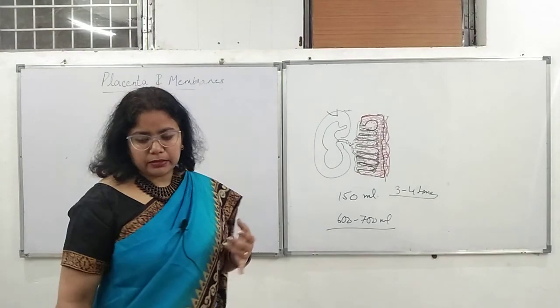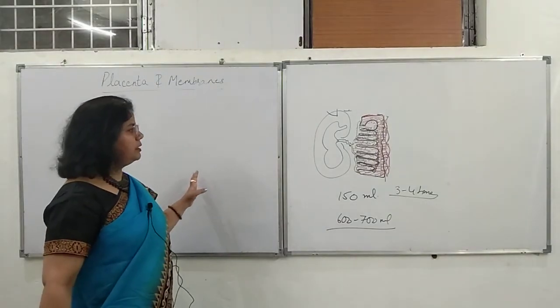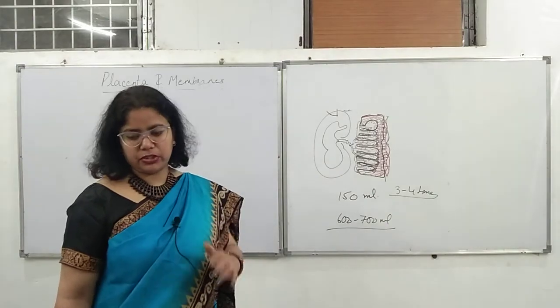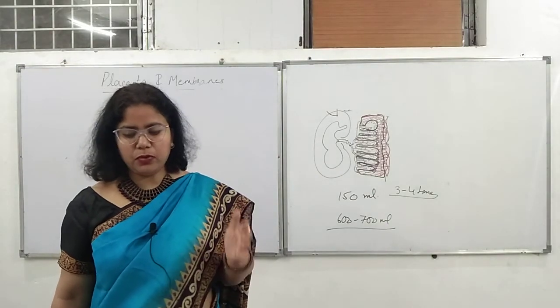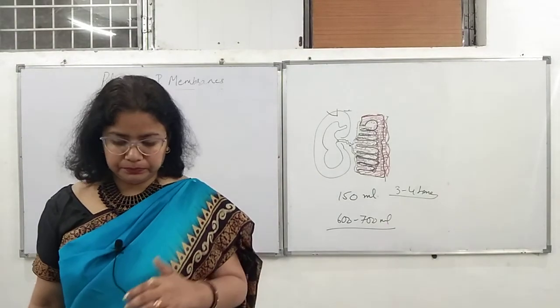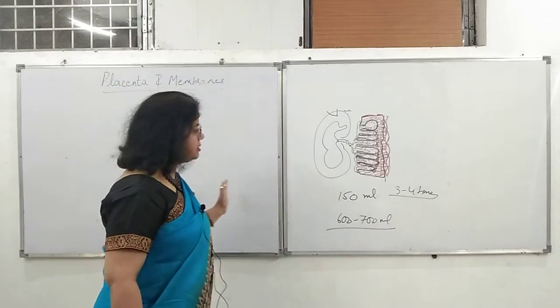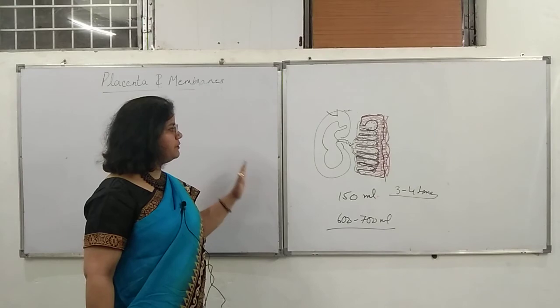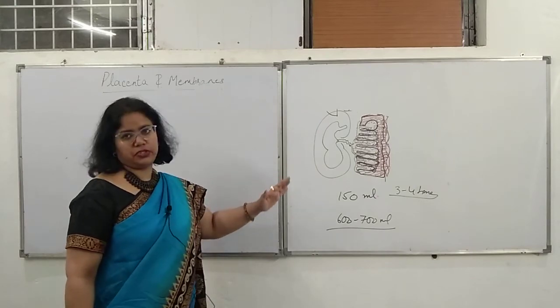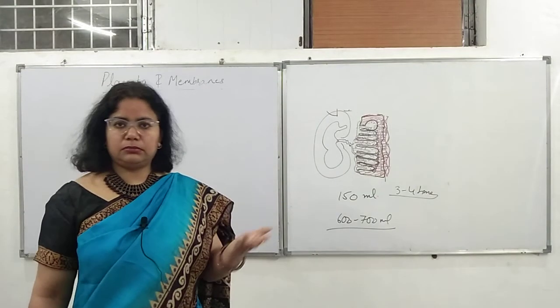There is also a shift of the maternal immune system from T helper, cell mediated, to humoral immunity. So these are some things which prevent graft rejection.